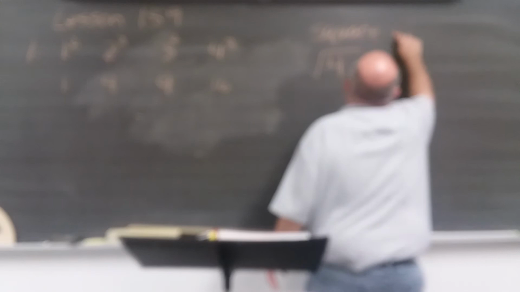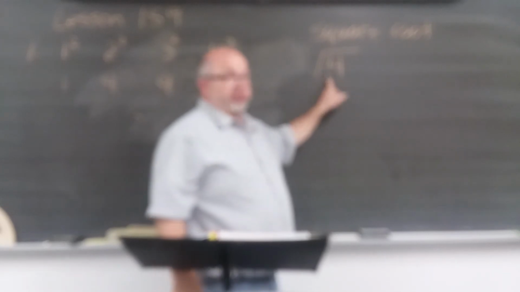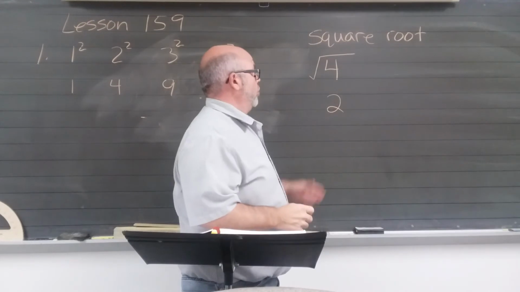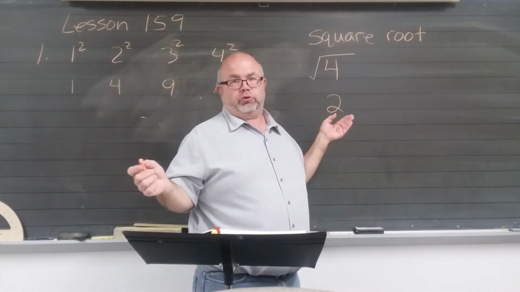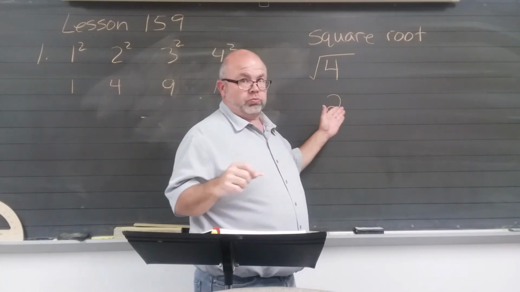That means, what number times itself equals 4? So 2 times 2 equals 4. So 2 is the square root. Don't write 2 times 2. Just write 2. All right?